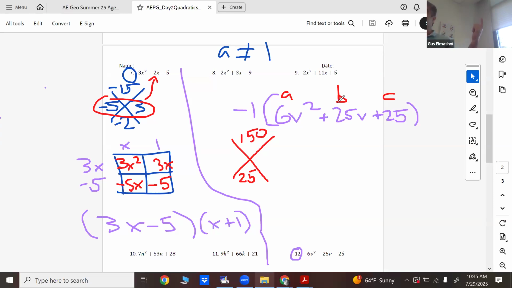So 1 and 150, no. 2 and 75, no. 3 and 50, no. 5 and 30, getting warmer. What do you guys think? 10 and 15? Yes. 10 and 15 should work. Multiply to 150, add up to 25.